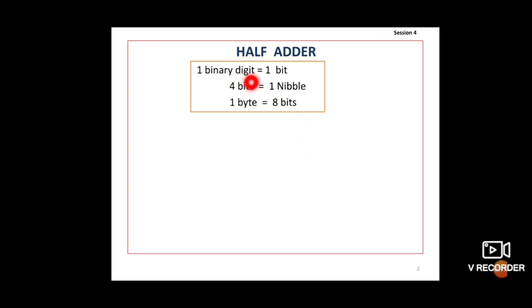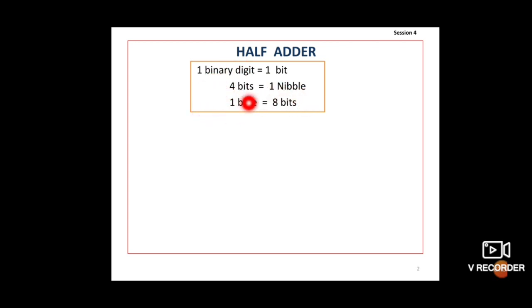A combination of any 4 bits of binary digits is equal to 1 nibble. Nibble means a group of 4 bits is called 1 nibble.